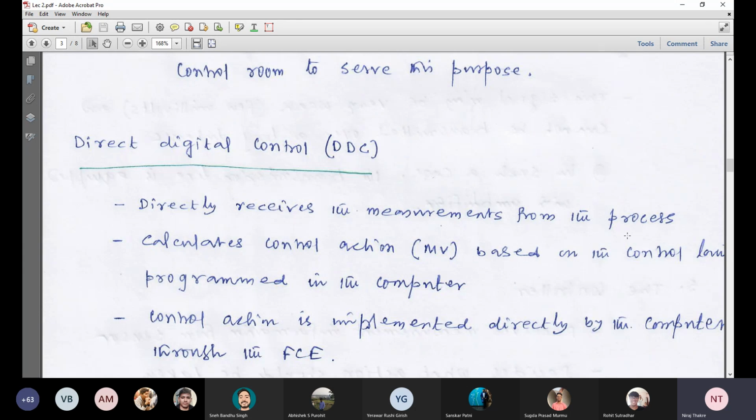You remember that the comparator, I mean calculation of error signal, set point minus measured, and the controller equation, these two are programmed in a computer.